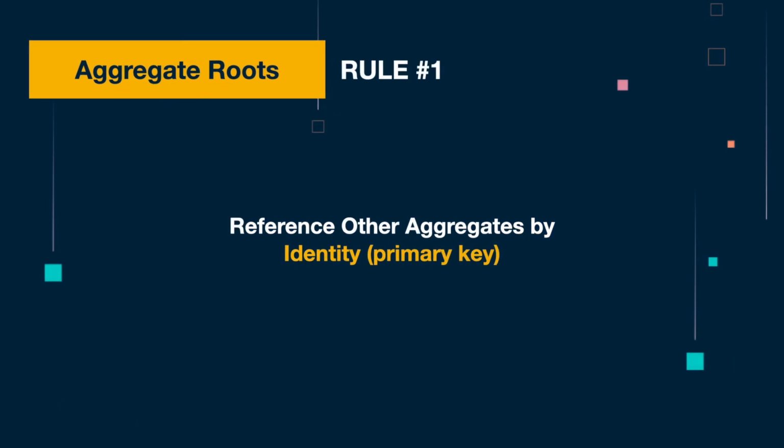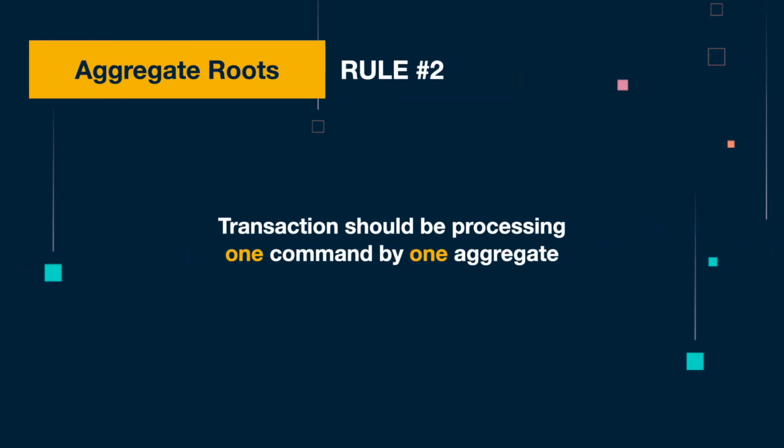And there are rules for making aggregate design straightforward. The first one is to reference other aggregates by identity. This identity will be used as the primary key. And the second one is that a transaction should process one command by one aggregate.